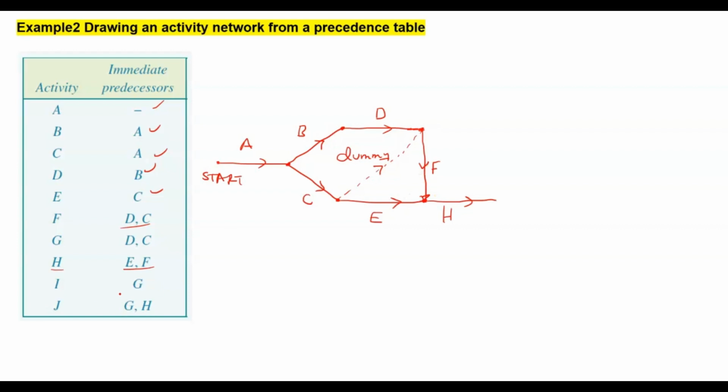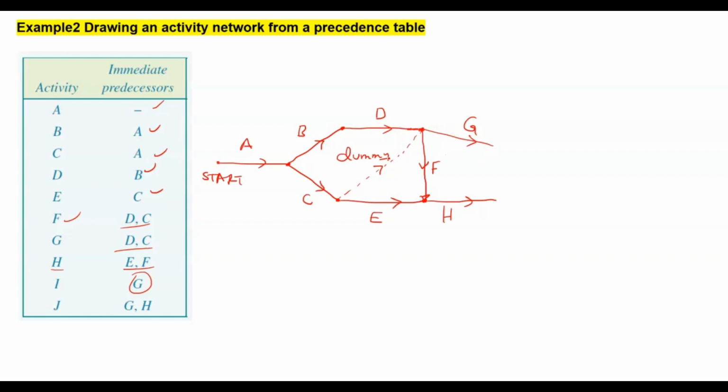All right, now we have G. The immediate predecessors for activity G happen to be D and C. This is the junction where D and C meet, so that's where we put activity G. So C this way through the dummy can connect with G, and that is a solid line.